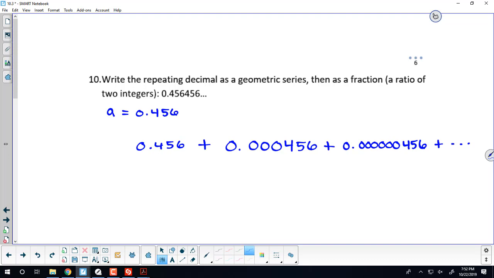So we still see the first term is 0.456, but to get to the next term and the next term, etc., what does r have to be in this here? 1 over 1,000, right.